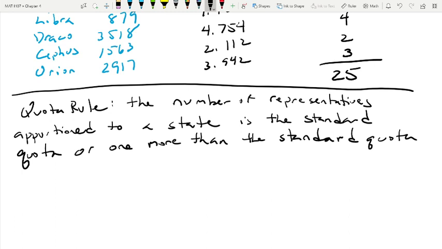The next term is the average constituency.